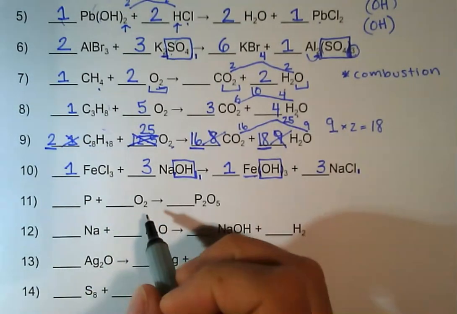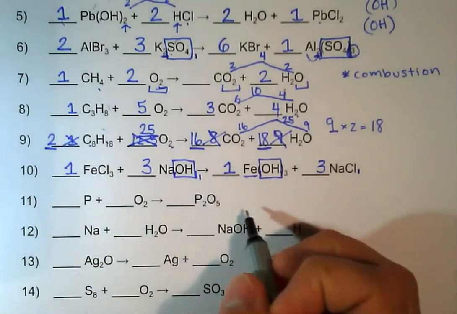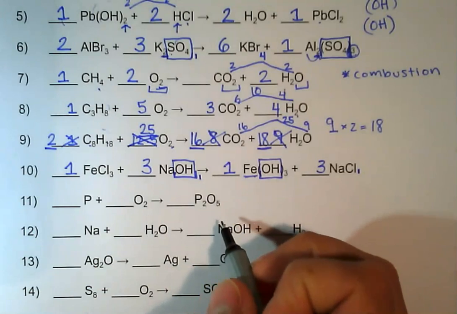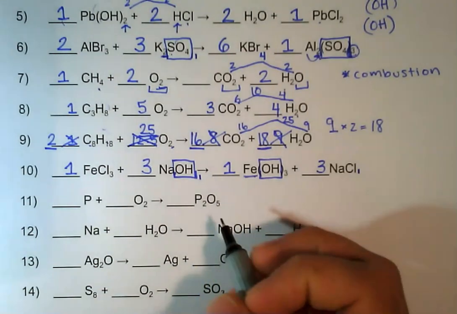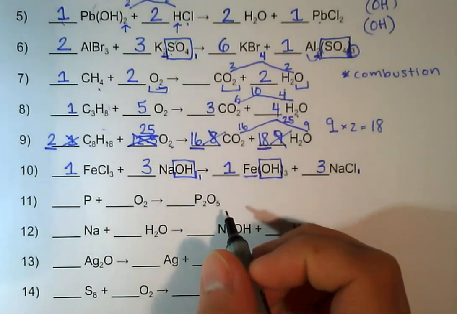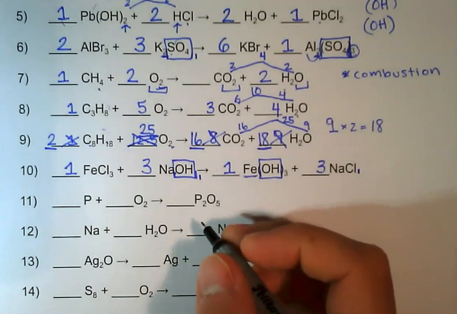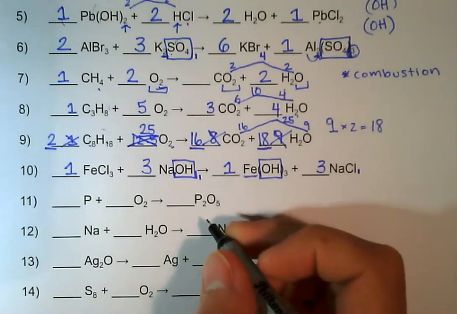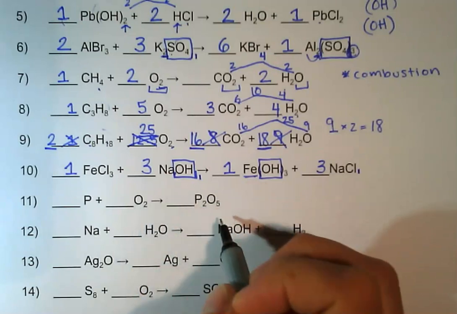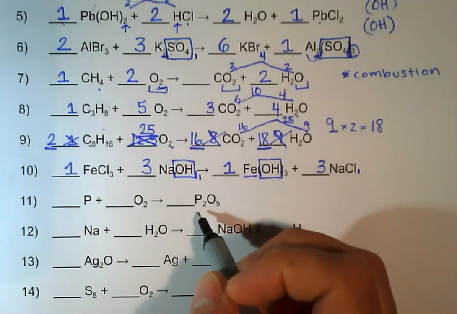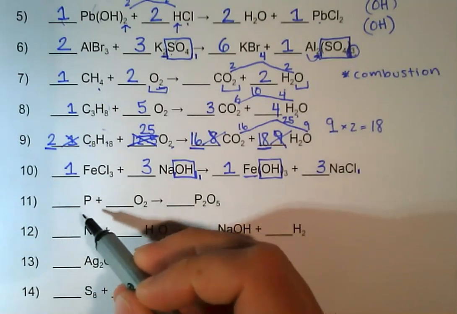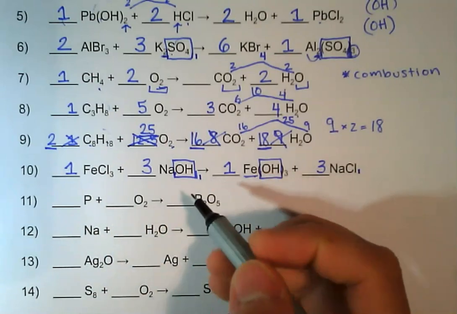Next, phosphorus plus oxygen gives me P2O5, or diphosphorus pentaoxide. Here I am actually going to start not with phosphorus but with oxygen. You might think you could start with either, and that's true, you can. You just have to be willing to change your coefficients again.